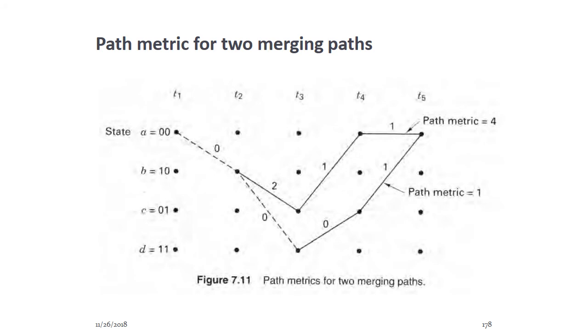This path is shown by the thick line. Since this path has the lowest metric, it is the surviving path and hence Y is decoded from this path. All the decoded values of output are taken from this path. Whenever this path is broken, it shows the message bit M is equal to 1, and if it continues, the message bit M is equal to 0 between the 2 nodes. Likewise it will continue.